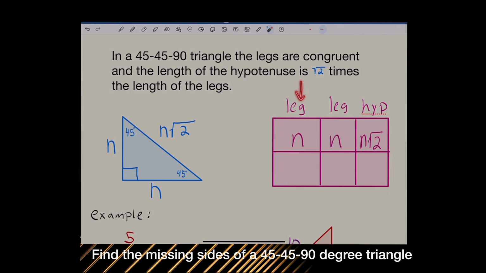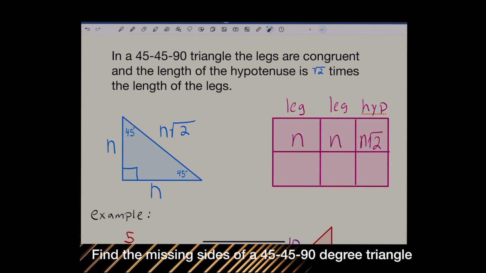The first column represents a leg. The second column represents the other leg. That's why we've got the n and the n there. The third column represents our hypotenuse, which is going to be n times the square root of 2. Now you're going to be given a picture and you're going to be given one of these pieces. You're going to be given a leg or you're going to be given the hypotenuse.